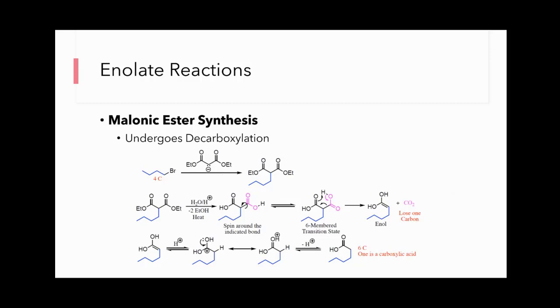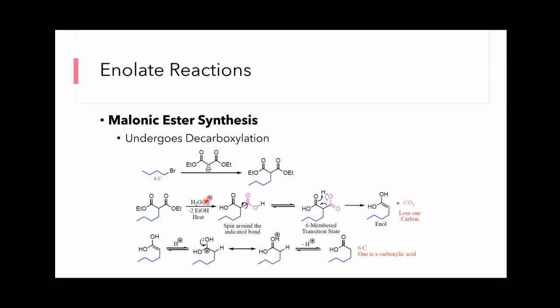So malonic ester synthesis. It's kind of like the Claisen condensation where we have this ester and it does the SN2 attack.